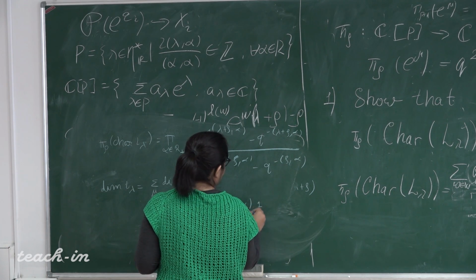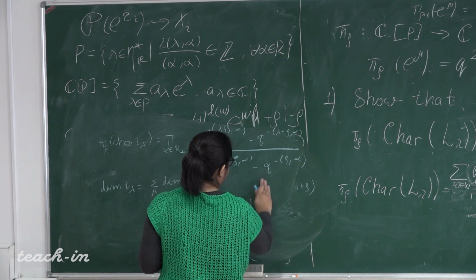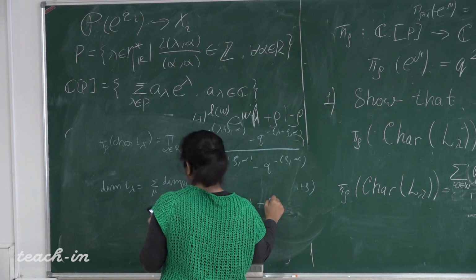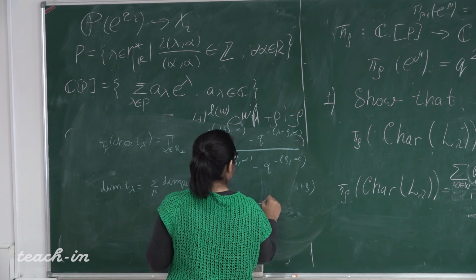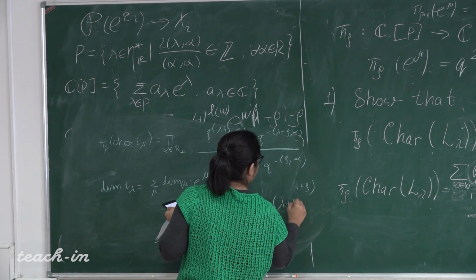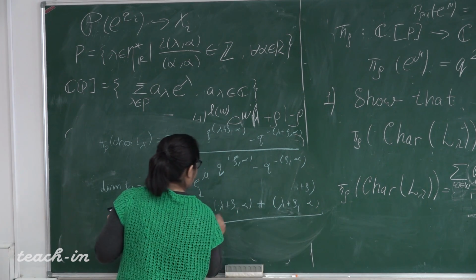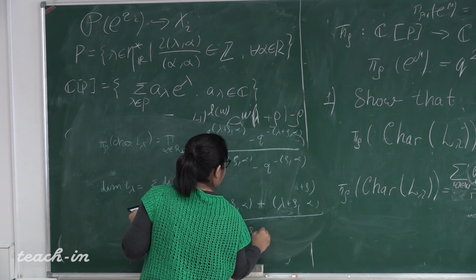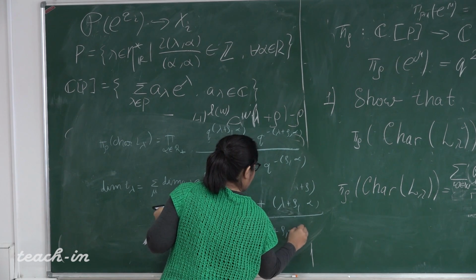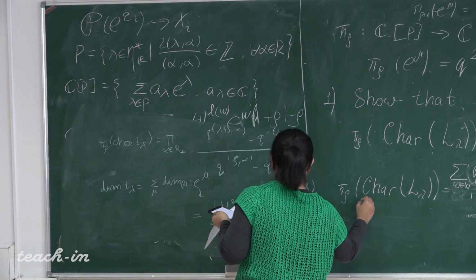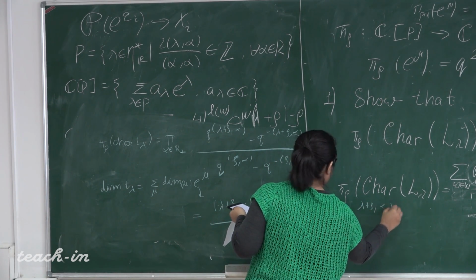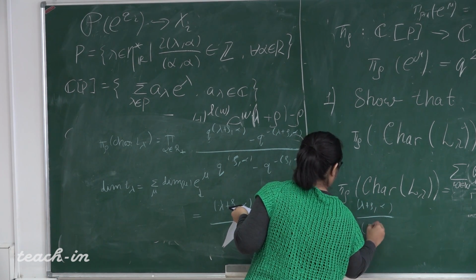Again, we will have 1 to the power something, but that's okay, 1. Minus, plus, lambda plus rho, alpha. And again the same thing, 1, comma, alpha plus rho, comma, alpha. So it's just lambda plus rho comma alpha, over rho comma alpha.